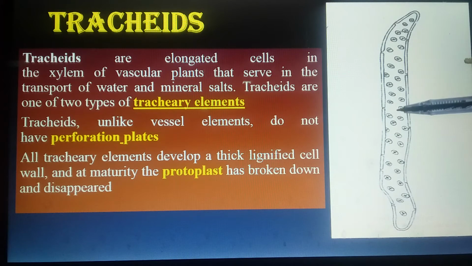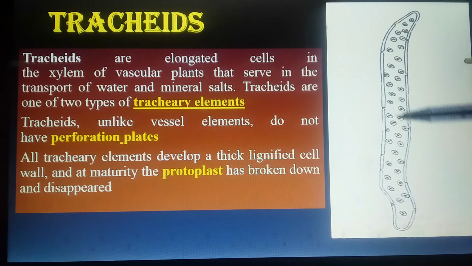And a very important thing about tracheids is that all tracheid elements develop a thick lignified cell wall. Their wall is thick and lignified, lignin material is deposited here. And another very important thing is that when these tracheids become mature, what will happen?